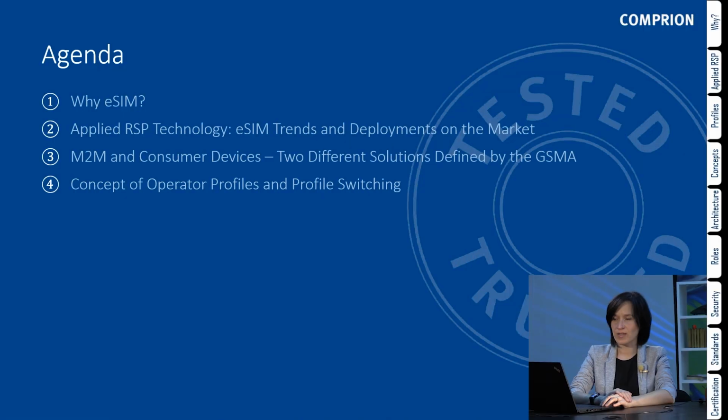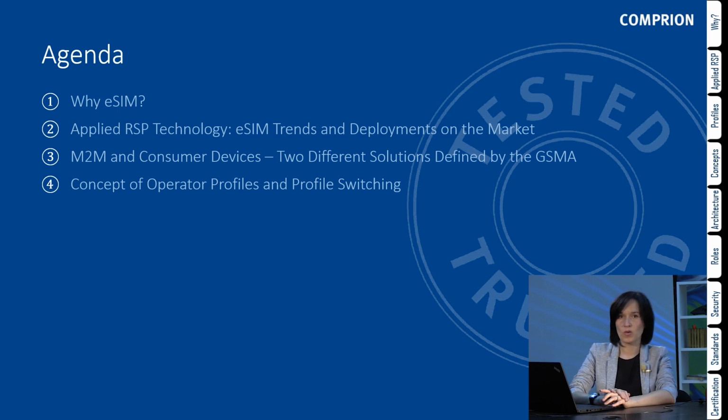Okay, so now you can see on the screen what was the content of the first part of the training. We talked about why we have the eSIM, the applied RSP technology, and the eSIM trends and deployments on the market. We talked about the two different concepts defined by the GSMA, the M2M one and the consumer devices one.